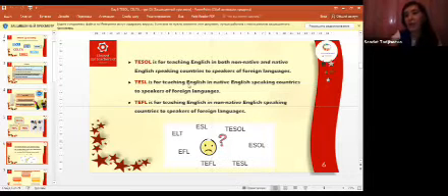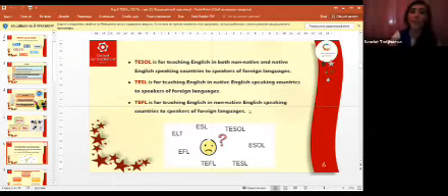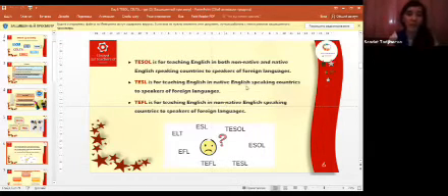So it doesn't matter which certificate you have, but still you are teaching non-native English speakers. You have no right to teach native English speakers.